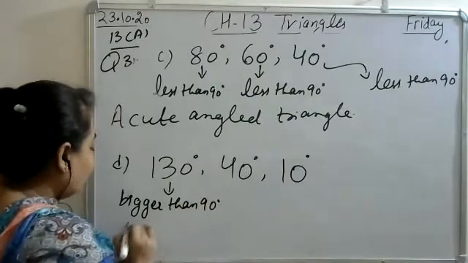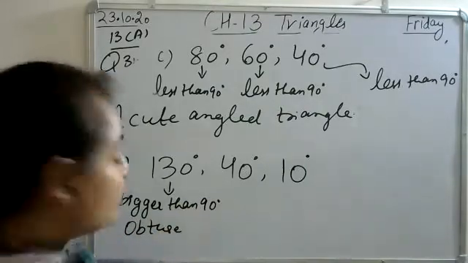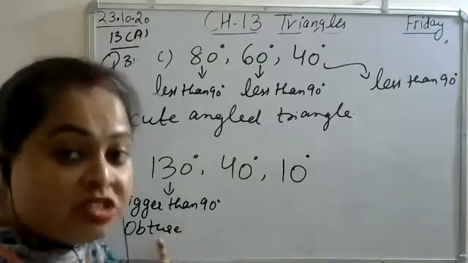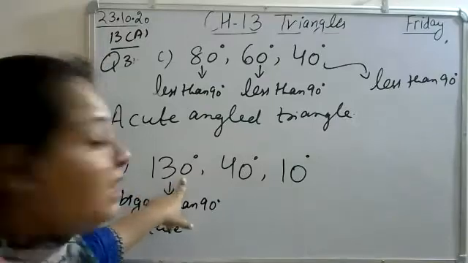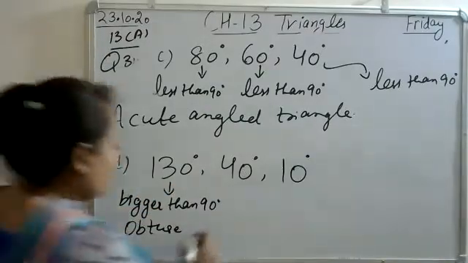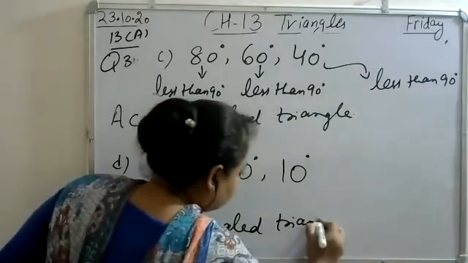It means obtuse. An angle which is bigger than 90 is termed as obtuse angle. So one angle is bigger than 90, obtuse. So the name is obtuse angled triangle.